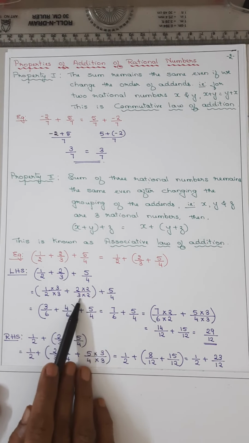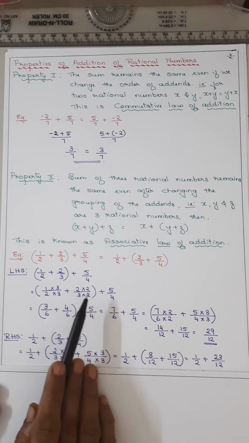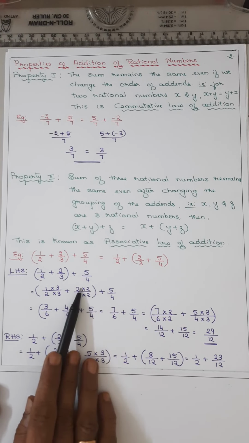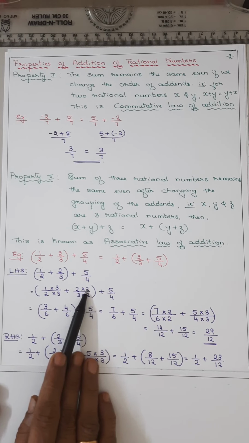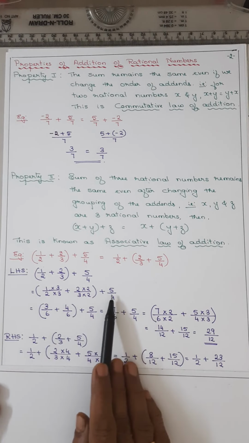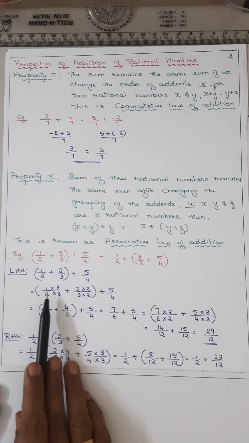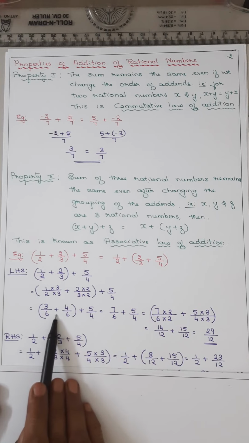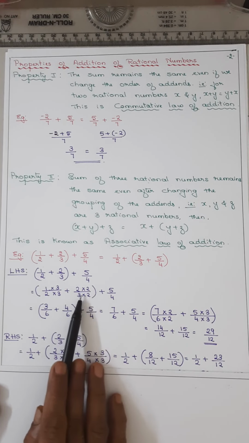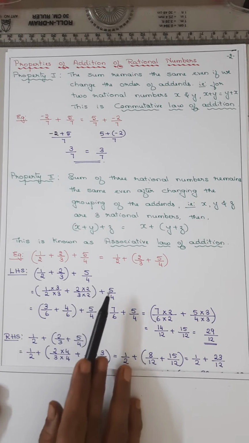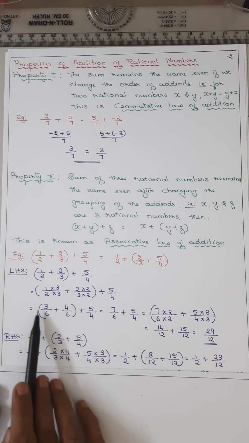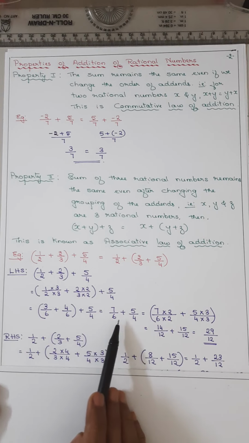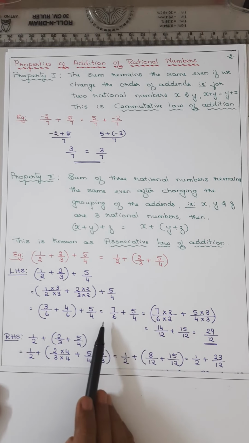So write 2 by 3, with 3 in the denominator. 3 2s are 6, numerator also multiply by 2, put in brackets, then 5 by 4. Now here it will be 1 3s are 3, 2 3s are 6, plus 2 2s are 4, 3 2s are 6, plus 5 by 4. We will add these two. So 3 plus 4 is 7 by 6 plus 5 by 4.